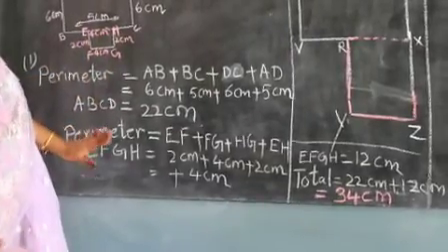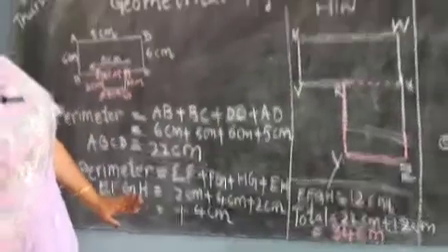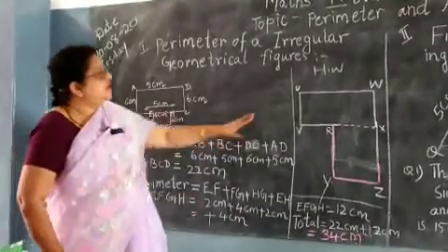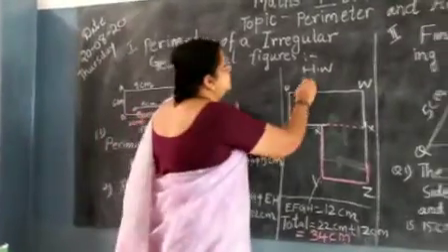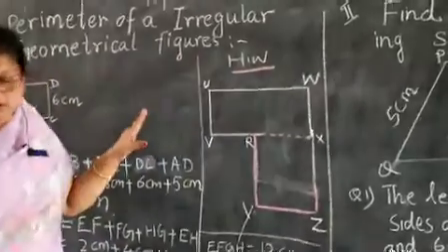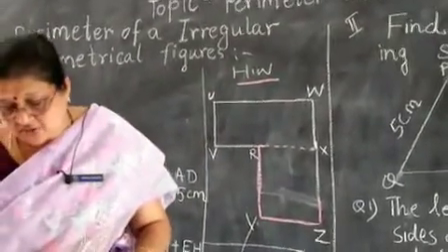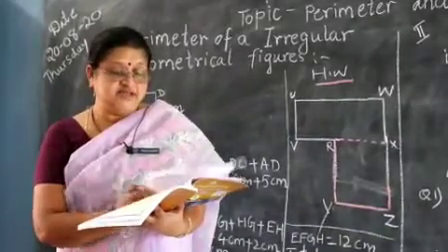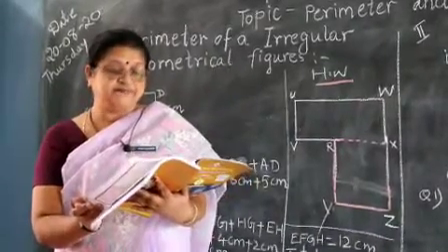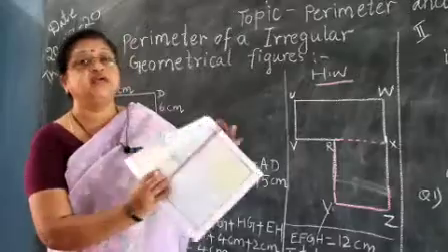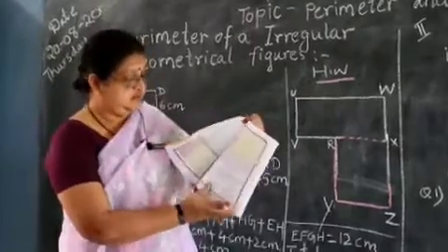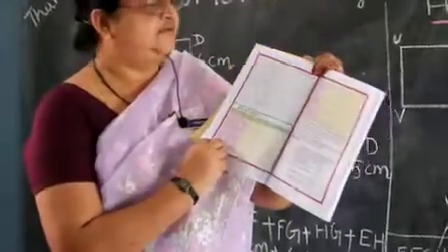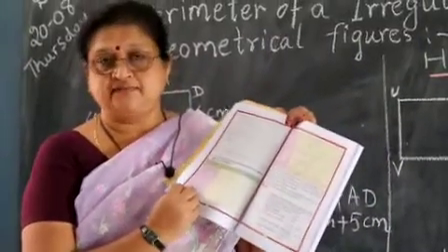This is how you have to do your sum of an irregular geometrical figure. Now here I have given you the homework. Please see. Here I have given you the homework, and in your textbook also there are sums. You see there are sums on page 3, and on page 4 and 5 also, but they are matched the following.